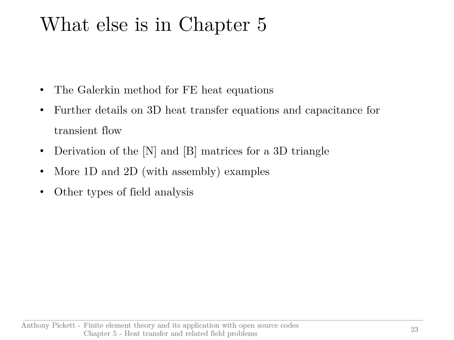There are a few more worked examples on 1D and 2D problems, and a short discussion on other types of field analysis. But I think essentially I've covered most things that I wanted to in this presentation on heat transfer, and I hope it's given you some idea of how these analyses are undertaken.